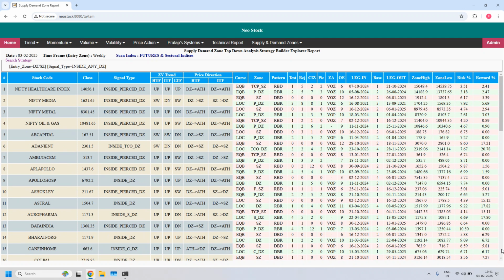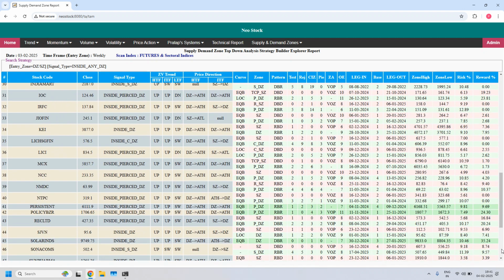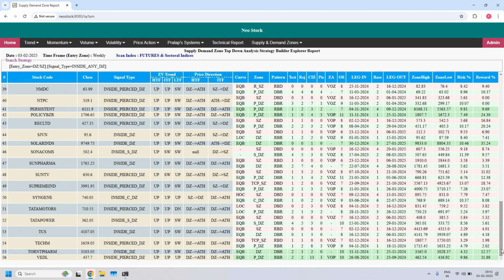For the reference purpose, quickly let me scroll the list down. After that, we can further filter this list. So total 56 stocks are filtered where price closed inside the weekly demand zone.